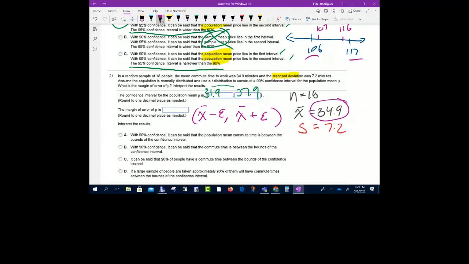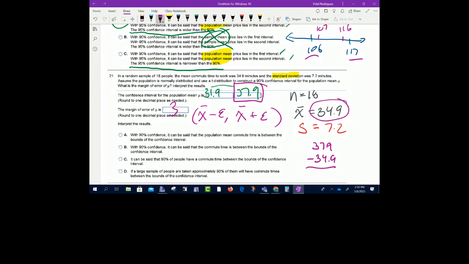Okay, so we wanted to find the error. We could pick which one of those two we want to use. It doesn't really matter. I'm going to pick this one right here. Okay, so look, y'all, 37.9 minus 34.9, that's going to give me what my error is. So if I subtract that, that's going to give me a margin of error of 3.